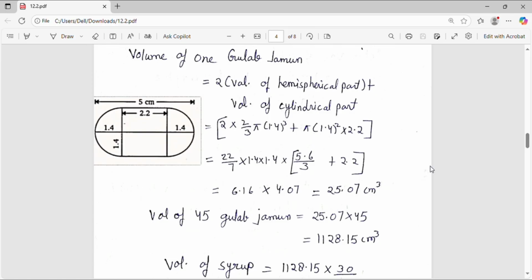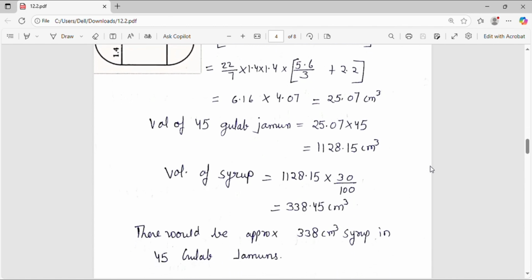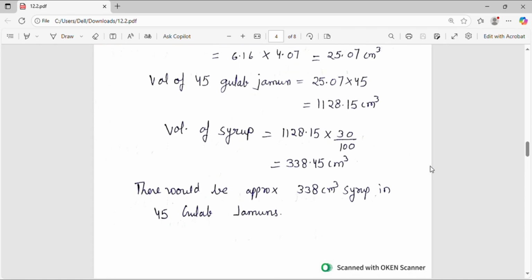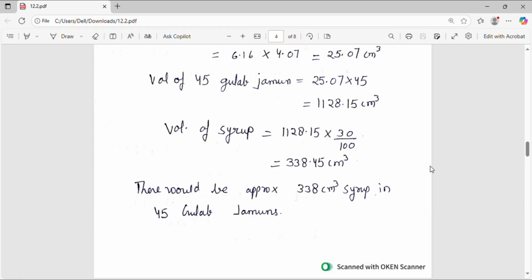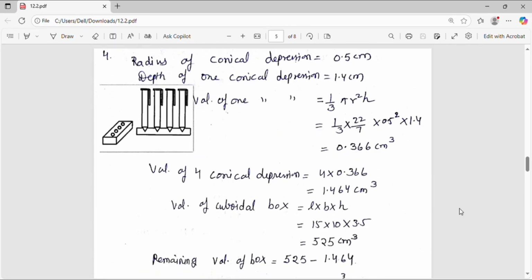We will multiply volume of one gulab jamun with 45 and the volume of syrup would be 30% of the volume of 45 gulab jamuns, which would be 338.45 centimeter cube. So there would be approx 338 centimeter cube syrup in 45 gulab jamuns.